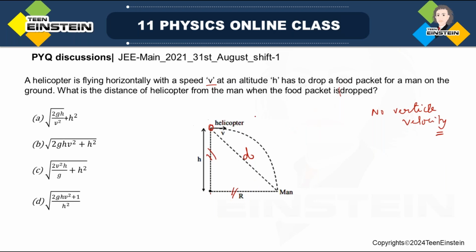I know the initial velocity was 0 in the vertical direction. Initially there was no velocity, right? So can I find out the time it takes to come to rest? Since the motion is purely motion under gravity, free fall, I can find out the velocity as well. So velocity means half mv square is equal to 2gh, kind of, right?